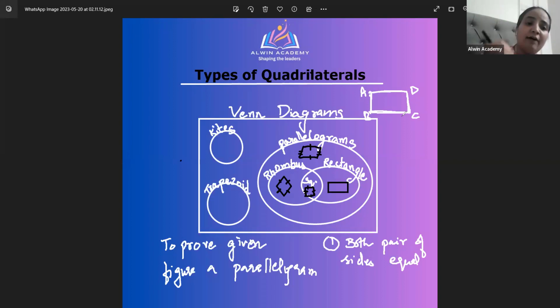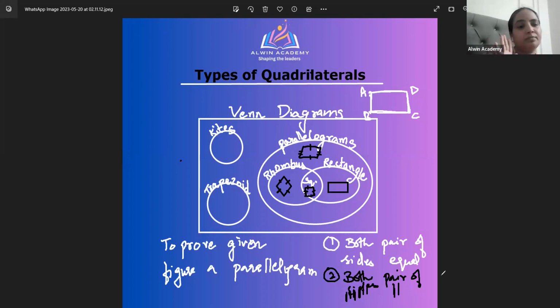So you either have to prove both these pairs of sides equal, or you can prove both the pairs of sides to be parallel. Both pairs of sides parallel.